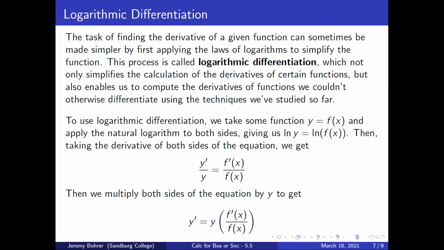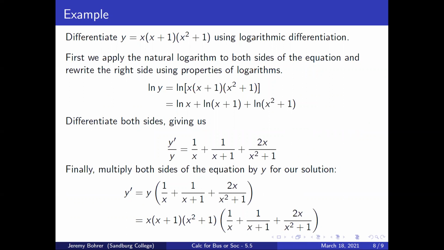Then, taking the derivative of both sides of the equation, we get y prime over y equals f prime of x over f of x. Then we multiply both sides of the equation by y to get y prime equals y times f prime of x over f of x.